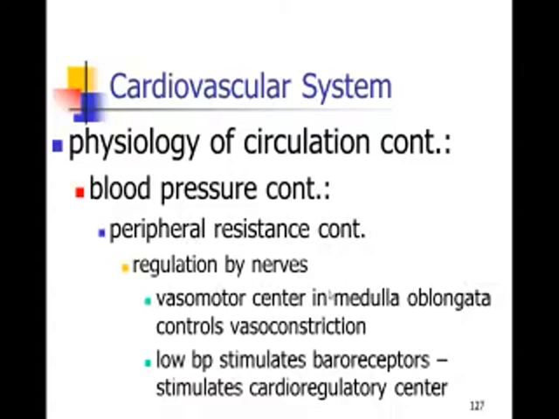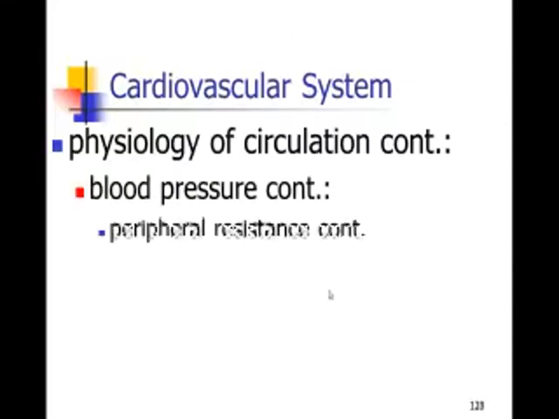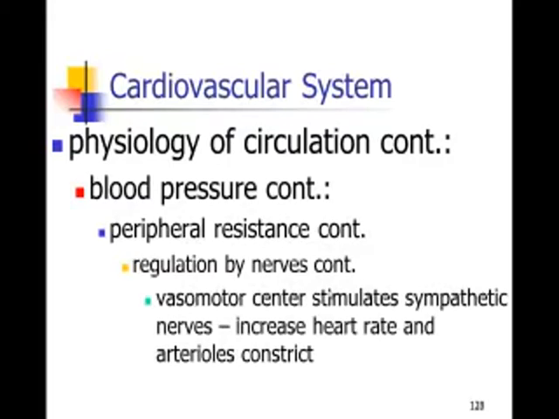If you have low blood pressure, this would be detected by baroreceptors. We talked about those both in the aorta and the carotid arteries, and they stimulate the cardioregulatory center to send out sympathetic signals along the sympathetic nerves, and they cause constriction of the arterioles.